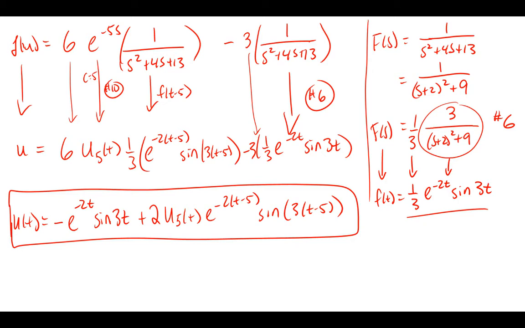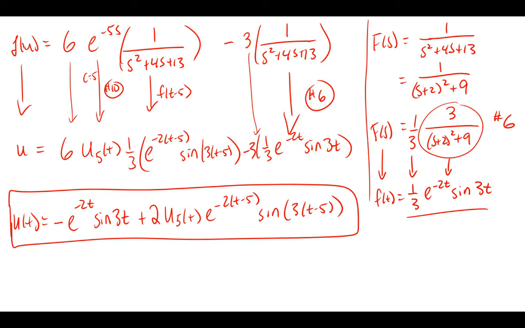Reading this, let's just study it for a brief minute. Obviously, I'll draw you a graph of this as well. There's a piece here that doesn't have a u, and then this piece, of course, has the u. And remember, the u is really an on-off switch.